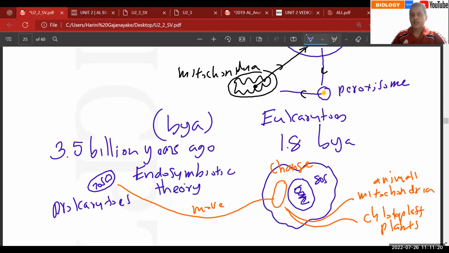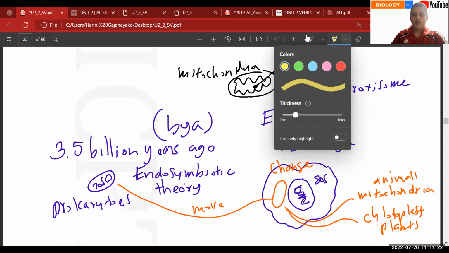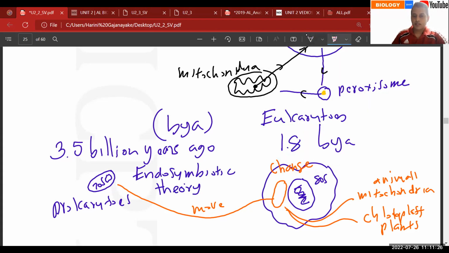Now, what is endosymbiotic theory? Endo means inside, living inside. Symbiotic is the relationship between two different organisms, the prokaryotes and eukaryotes.